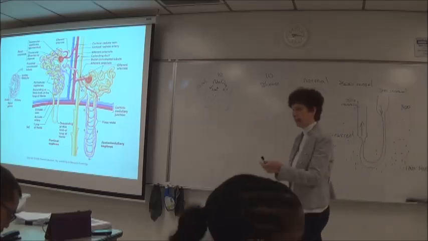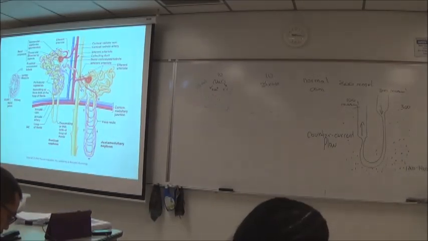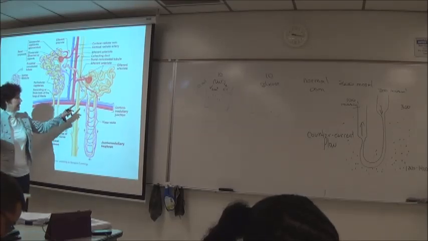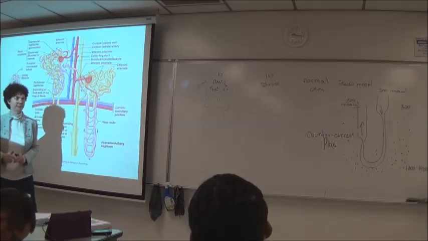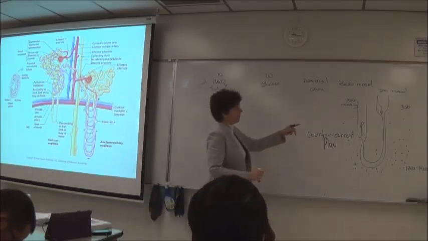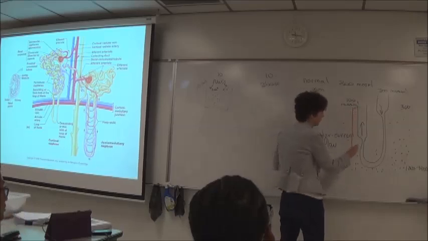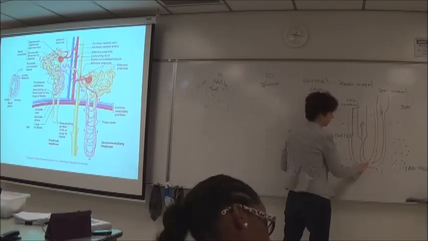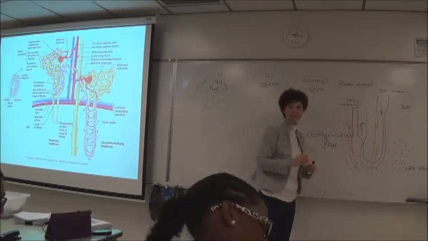Now, we talked about the vasa recta briefly. And the vasa recta, as you can see on this diagram here, has a countercurrent flow to the nephron loop. So the filtrate is flowing in this direction, and our vasa recta is flowing countercurrent to that.